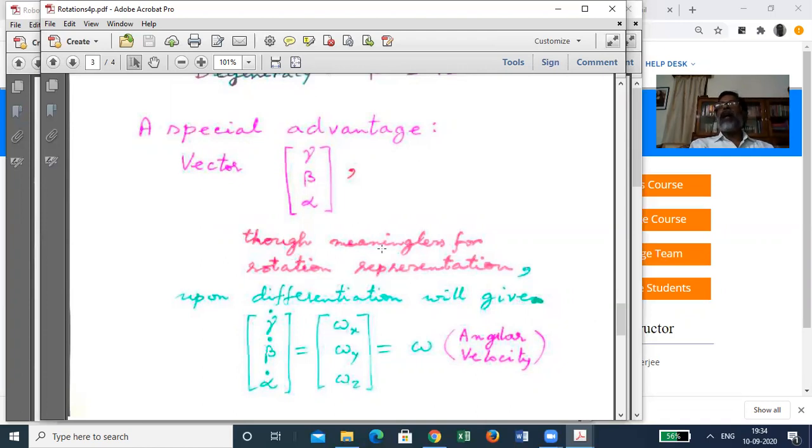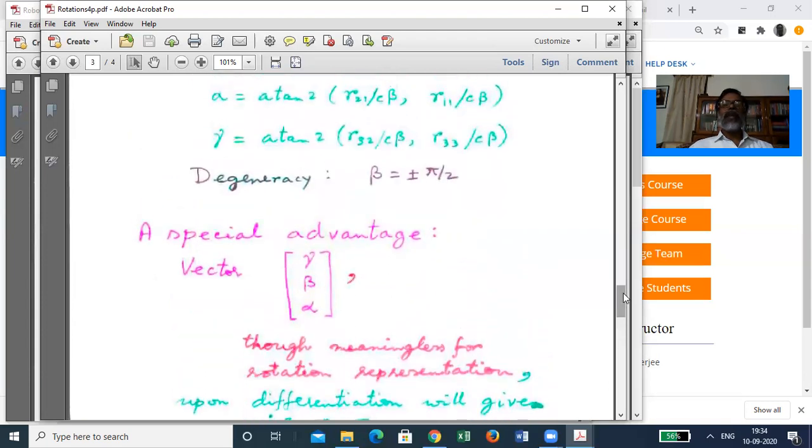So that is an advantage of Rolle-Picot angles, and therefore in comparison to Rolle-Picot angles, the Euler angles still stands as a good competitor, primarily because it had the early start from physics. And even today, physics textbooks amply use Euler angles. Now, so far as degeneracy is concerned, Rolle-Picot angles will have a degeneracy at beta equal to pi by 2.